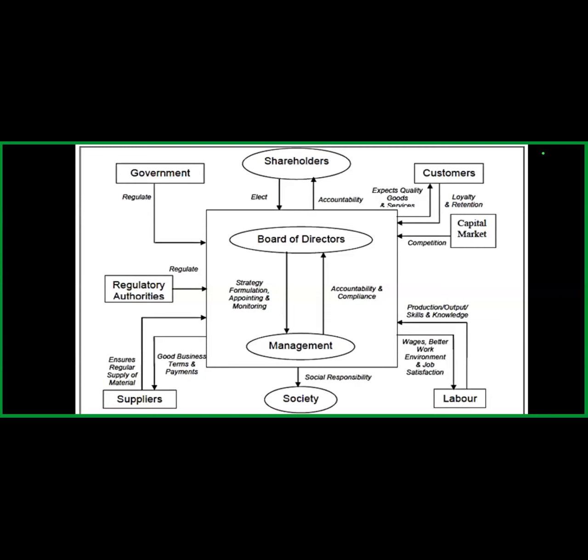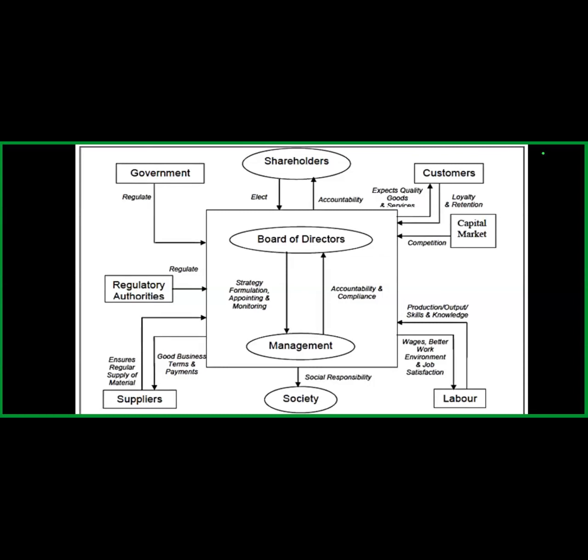So, in India, it is not restricted to shareholders, board of directors, and management, but it includes government, customers, employees of the organization, and also the other stakeholders, for example, the suppliers. So all inclusive, it makes the corporate governance in India. It is a very exhaustive model, a very wide model, which includes all these levels.